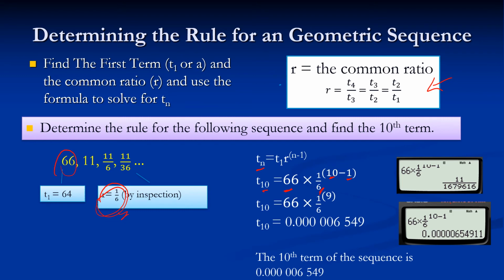So the 10th term is the same as saying 66 multiplied by 1/6 to the power of 9. So if I've got a fraction times fraction times fraction, I'm getting smaller and smaller than 1. So I'm going to end up with a very small decimal. In this case, the 10th term of the sequence then is, well, that's thousandths, millionths, and billionths. So 549 billionths, which is pretty small indeed.